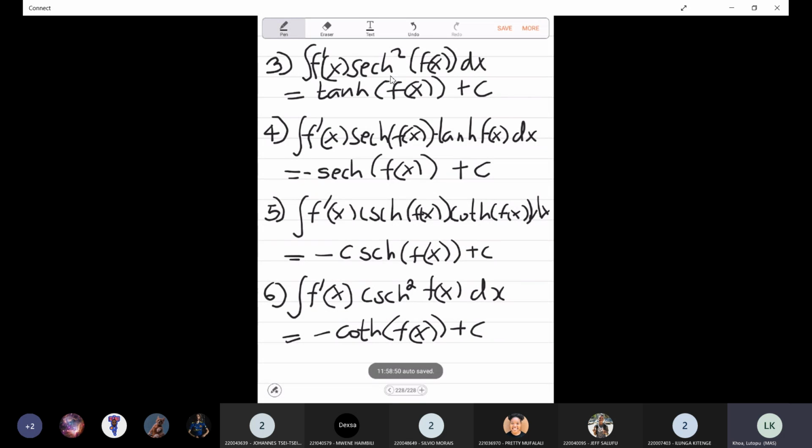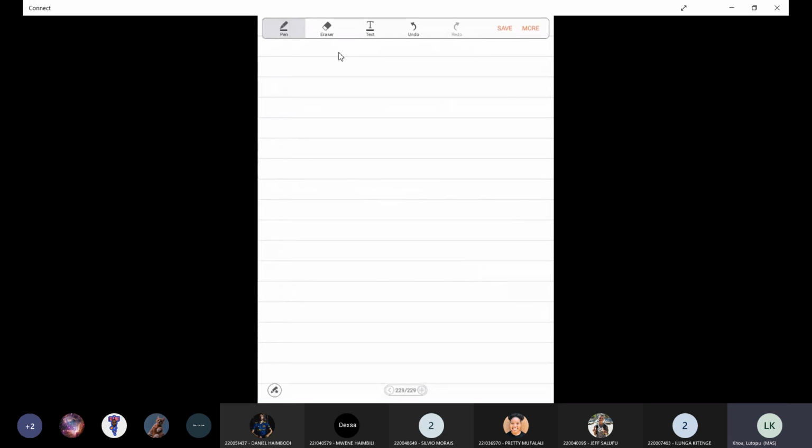That one you can easily work out without any problems. The same thing is true for hyperbolic cot. You write it in terms of cosh over sinh, then you can see the numerator is the derivative of the denominator, and your answer is ln of sinh of x plus c. So let's look at some examples where we make use of this.